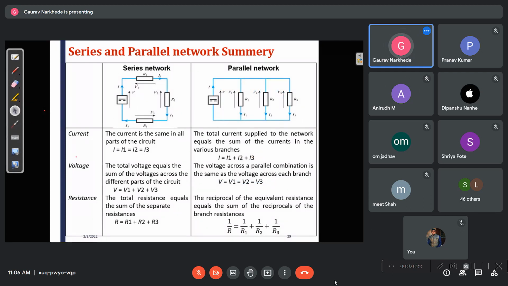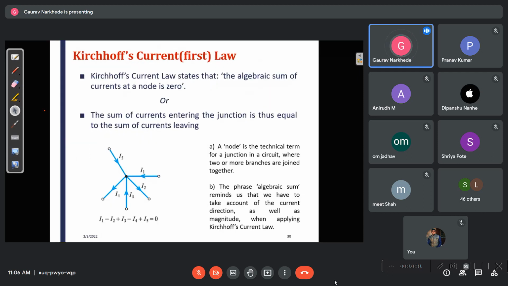Now let us move on. Okay, so let us see Kirchhoff's current law. This we have seen, just a quick revision. Algebraic summation of currents at a node is equal to 0.